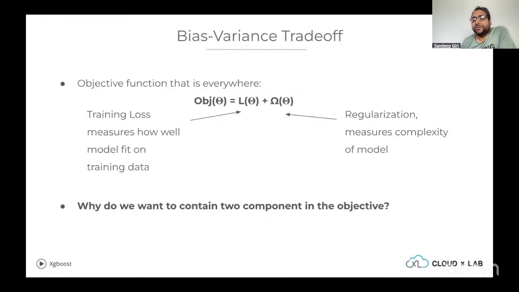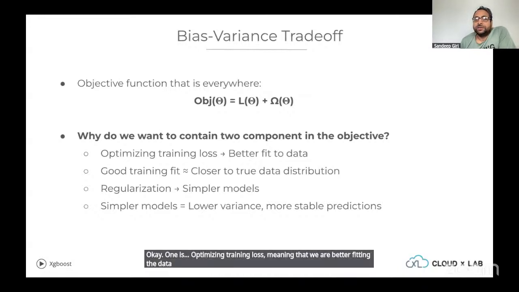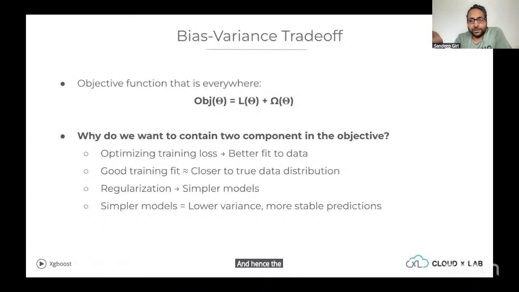Why do we want two main components in the objective? One is optimizing training loss, meaning that we are better fitting the data. A good training fit means it's closer to the data distribution. Regularization forces the thetas to be smaller, and hence the model to be simpler.